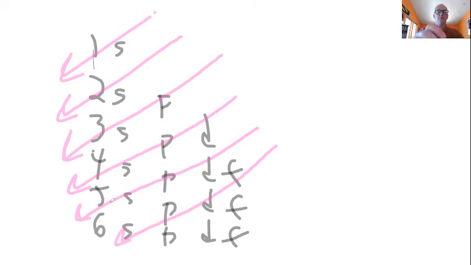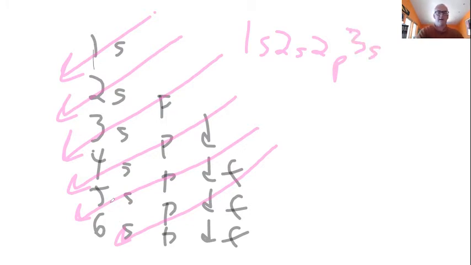So the order is 1S and then 2S and then 2P and then 3S and then 3. Now I'm getting confused. So it goes 1S, 2S, 2P, 3S.